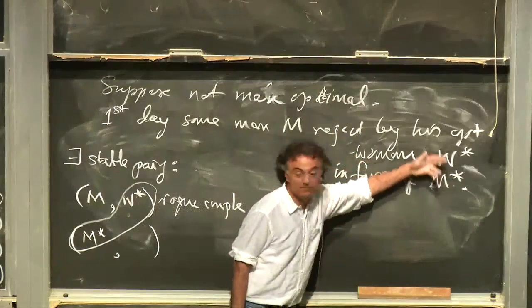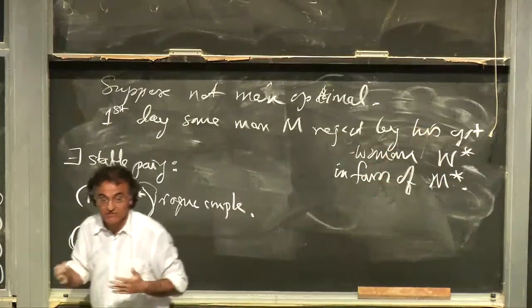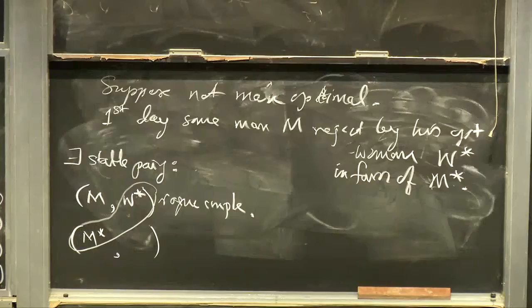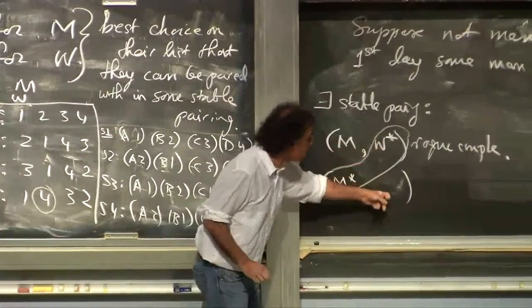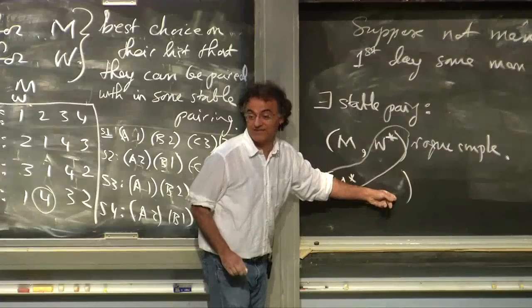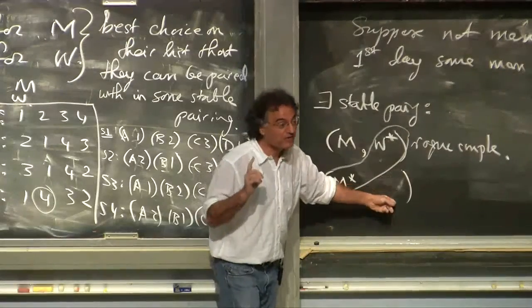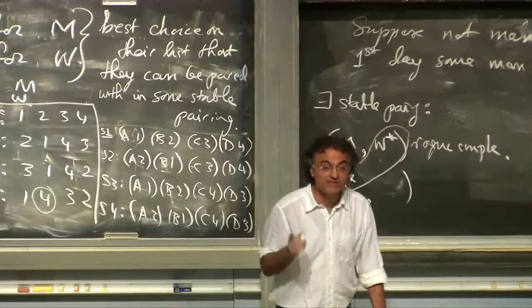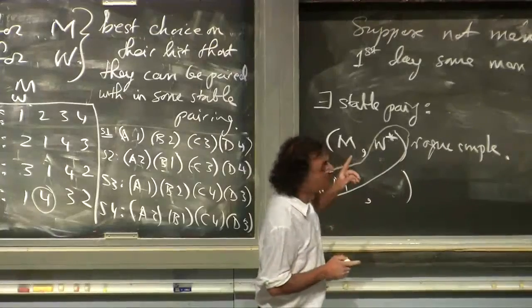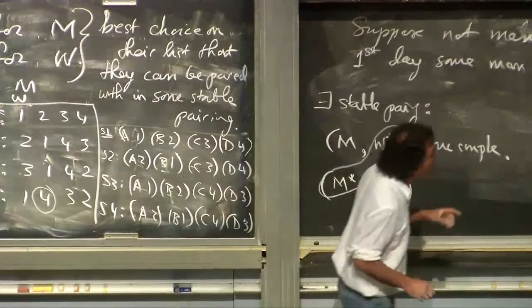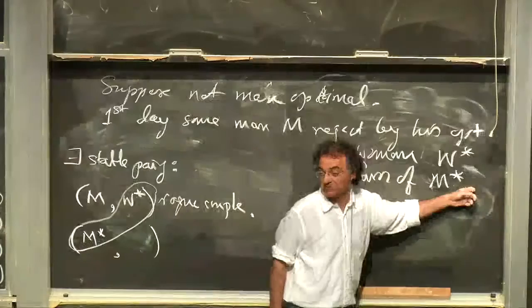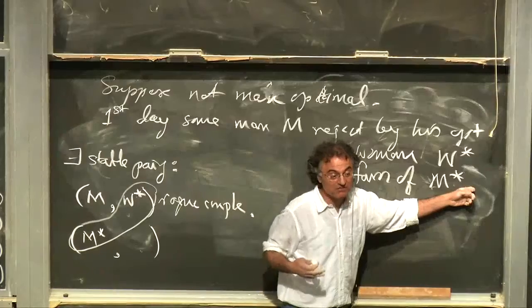She likes M star better than M because she actually did reject him in favor of M star. What about M star? How do we know he prefers W star to whoever he's with? This is where we are going to use the fact that this was the first day some man got rejected by his optimal woman. Right? M star has not yet been rejected by his optimal woman. He's not yet been rejected.